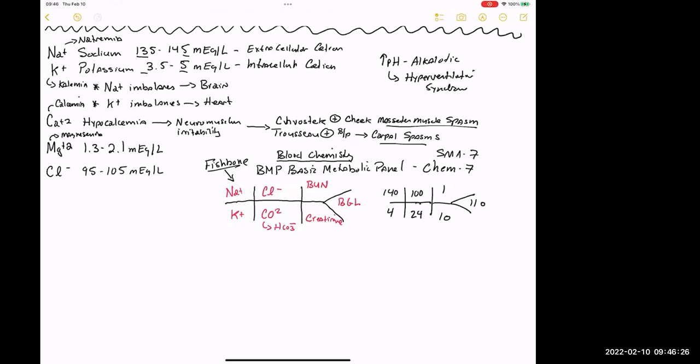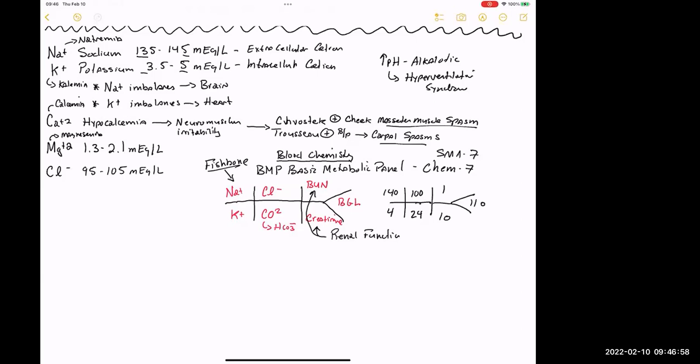The BUN and creatinine, we'll talk about them in a little more detail, but I'll just mention them. The BUN and creatinine are the values that we use to determine renal function. The higher they are, that indicates impaired renal function. So a high BUN and creatinine suggests impaired renal function.